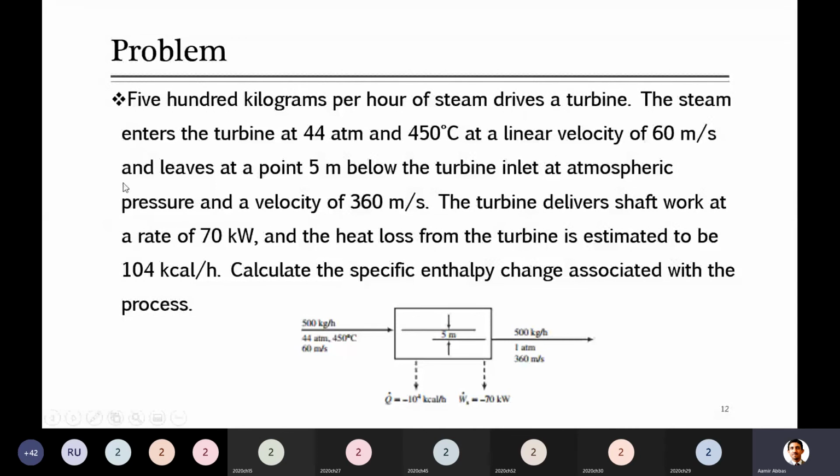So as mentioned here, the work is delivered by the system, so our turbine delivers shaft work at the rate of 70 kilowatt. Should it be positive or negative? Negative, because as I told you, delivered means the turbine is working on the surrounding.